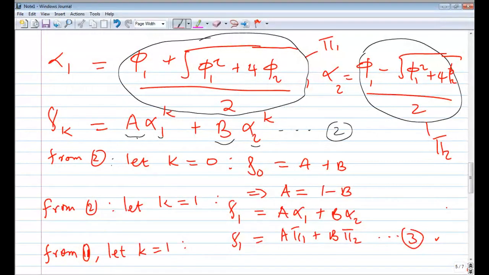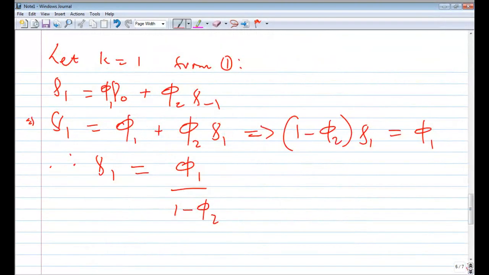Sir, what happened to the negative sign on phi 2 rho negative 1? On the next step, you just said rho 1 equals phi 1 plus. We applied the properties of autocorrelation function. You still remember when I said rho k is always equal to rho of minus k?